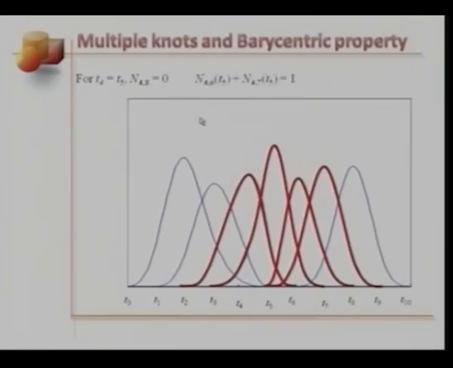That would make two of the basis splines sum to 1: N4,6 at t5 and N4,7 at t5. So observe how knot multiplicity is helping us manipulate the local barycentricity property. These are, of course, N4,6, N4,7, N4,8, and N4,9.